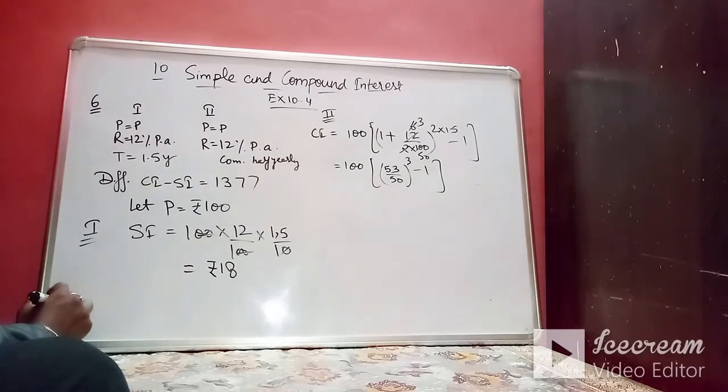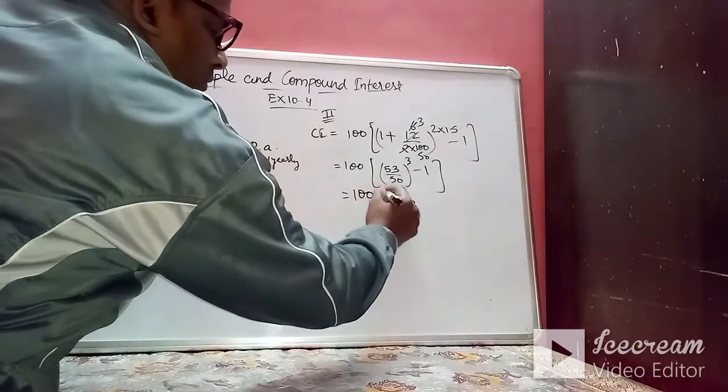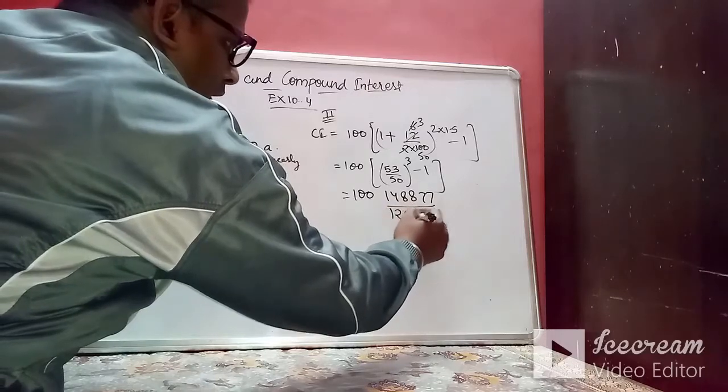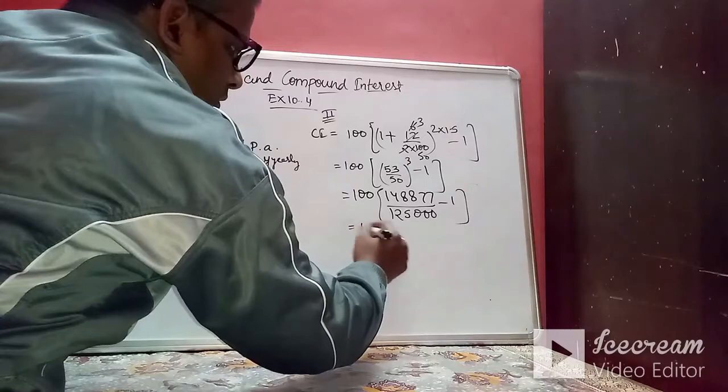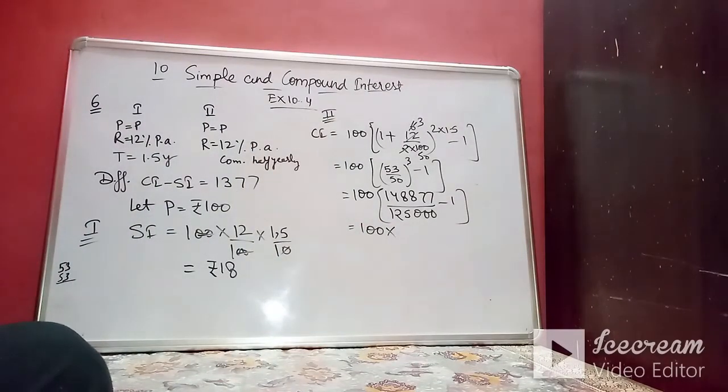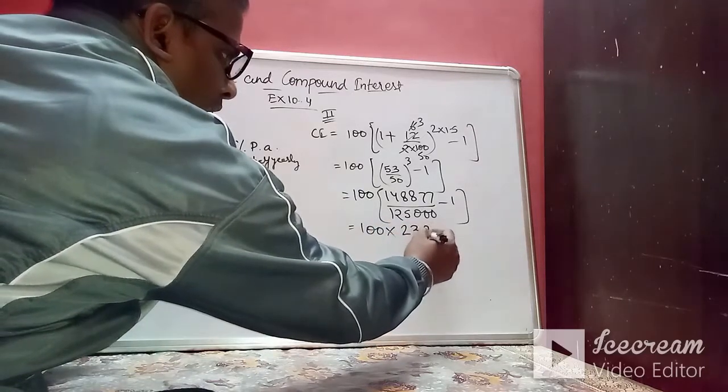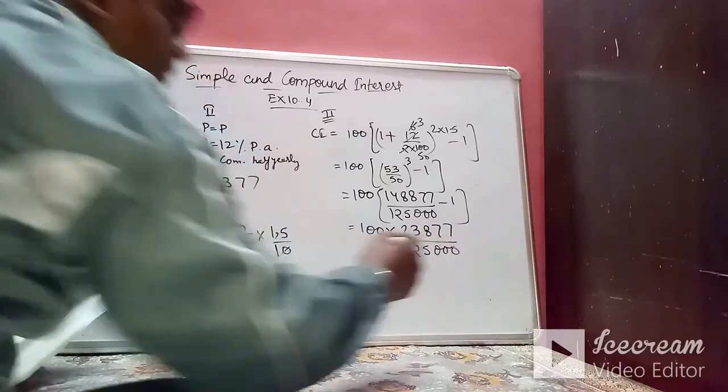Okay, so 53 into 53. So it is 148877 upon 125000 minus 1, that is 100 into 23877 upon 125000.